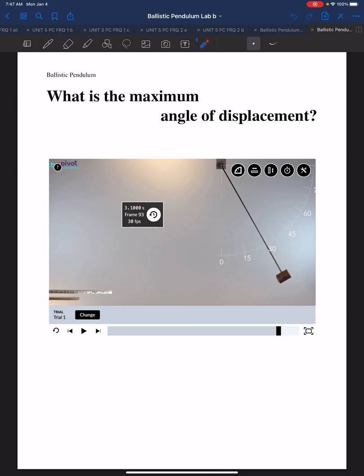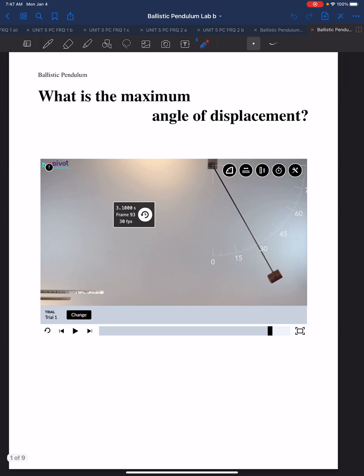So we could just look for it and stop it, advance frames, stopping it where we think it reaches a maximum and take that value. We could do that. But we know the motion is more complex, and to get a more reasonable value, we should study what's going on around it, perhaps during the entire period of motion.